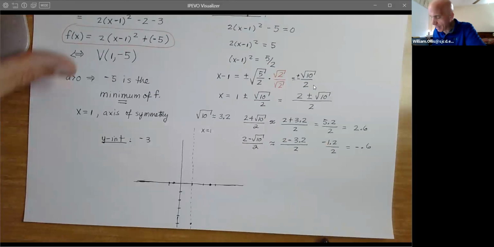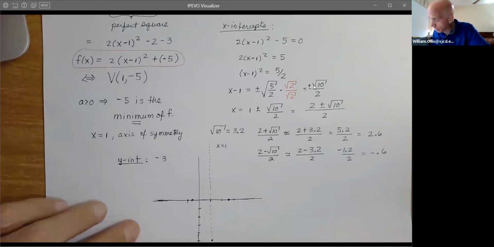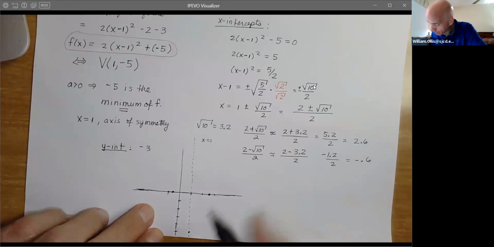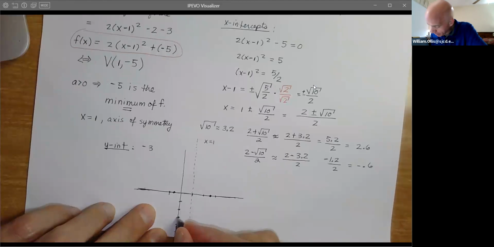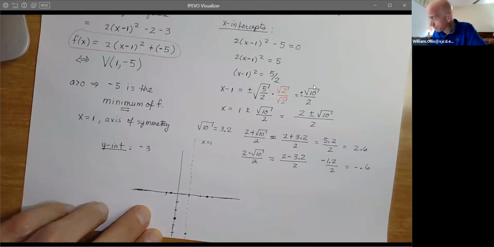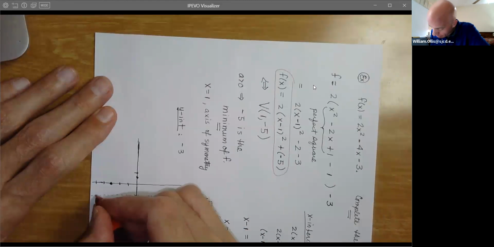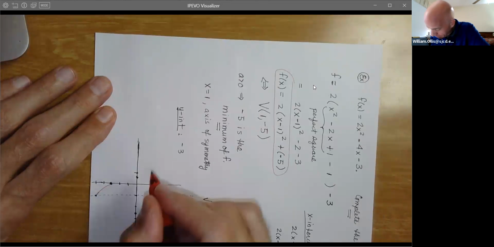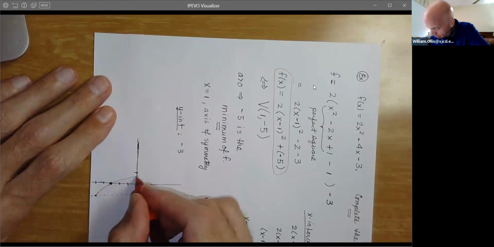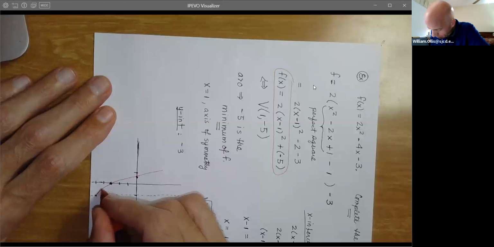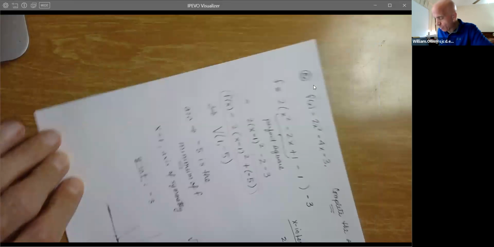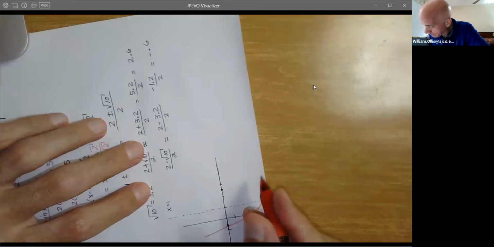And now we've got a vertex and 2 points, and then we will also have the negative 3, right there. So we've got more than enough detail to get a fairly good graph. So let's go ahead and sketch it in. We know it's parabolic. And then we can sketch in the other side.